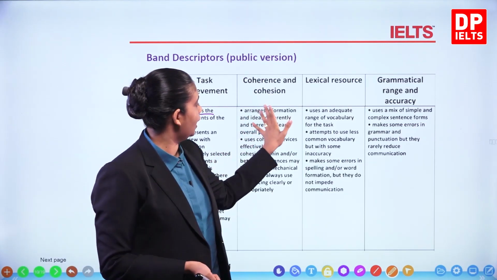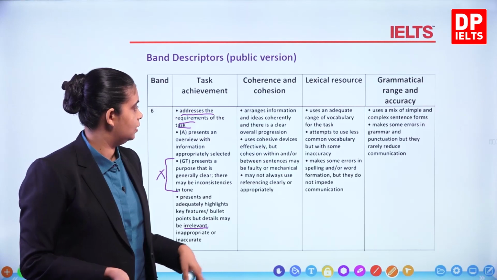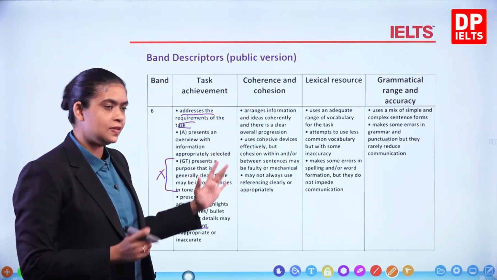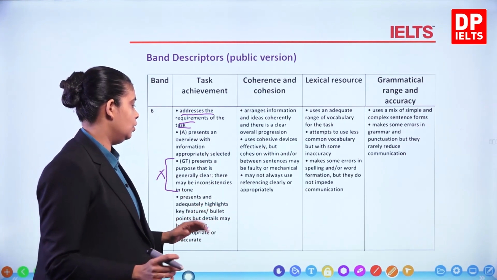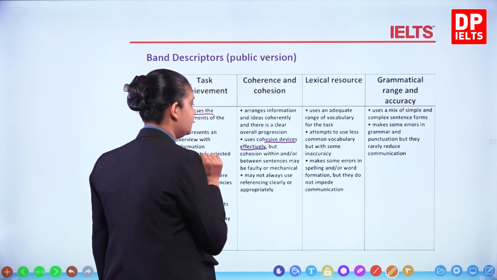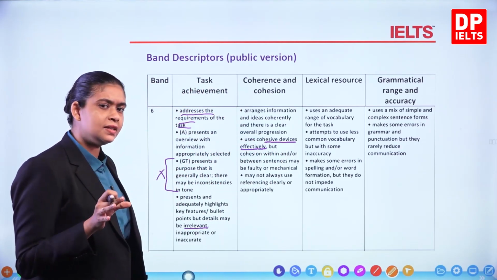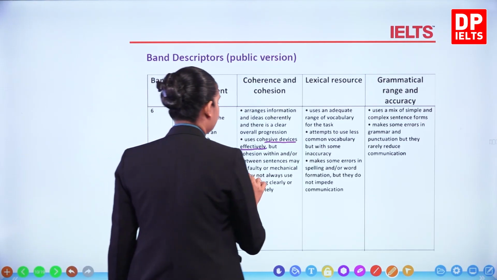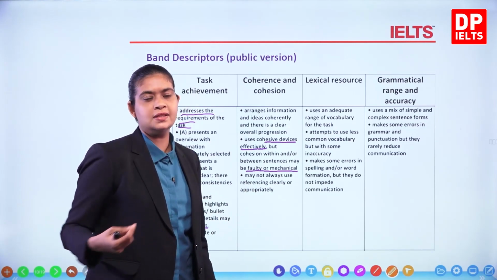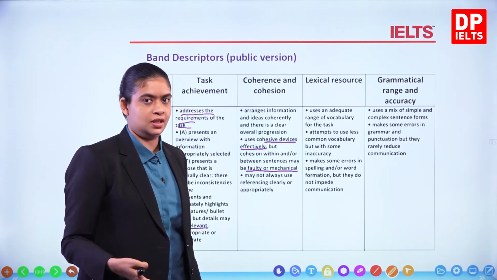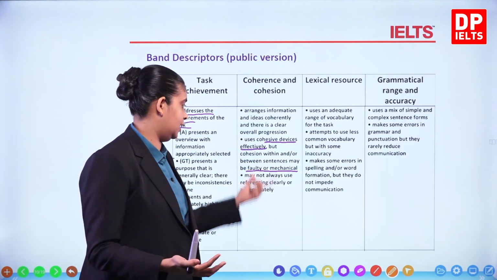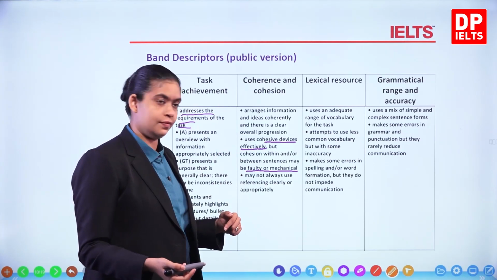Then we have coherence and cohesion. Here we arrange the information and the ideas with again clear progression. You use cohesive devices effectively, right? But this is where it may be faulty or mechanical. Mechanical means once we teach you the words, some students just start using them, okay? So if you do it like that or you're not doing it properly, then you get a 6, right?